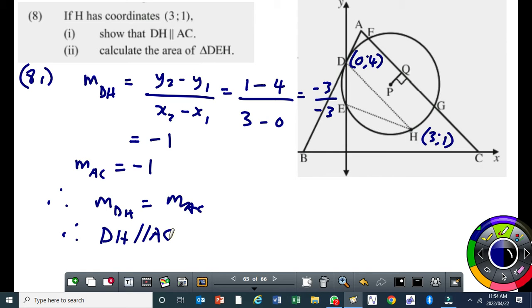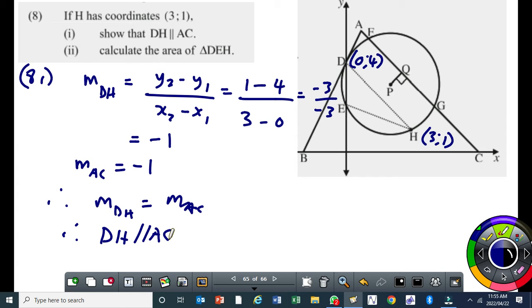Yes. You see the 3 minus 0 is nothing. I chose H, x2, y2. y2, 1, y1, 4. x2, 3, x1, 0. 1 minus 3.